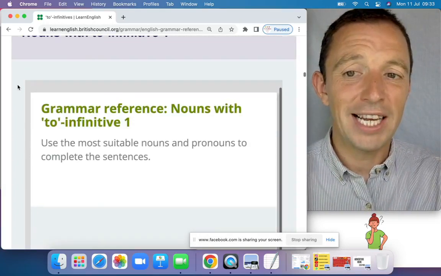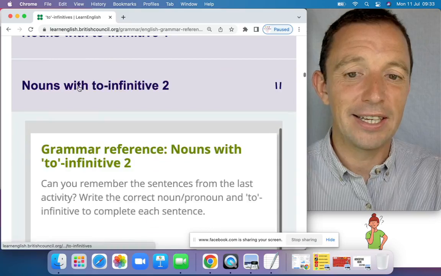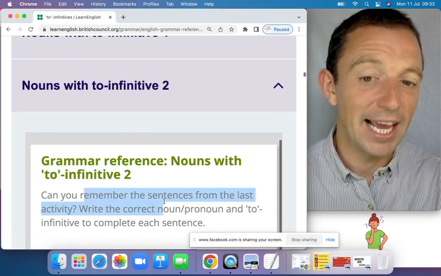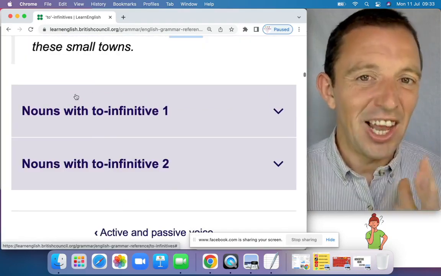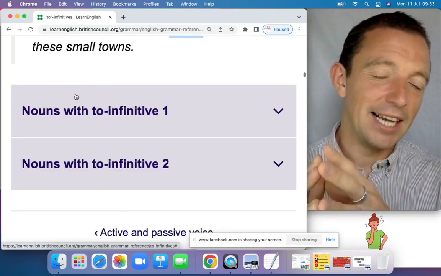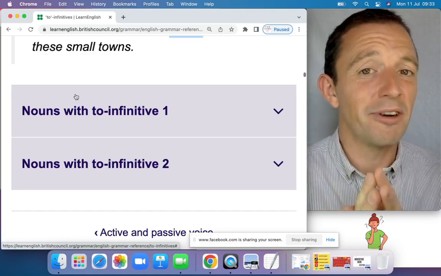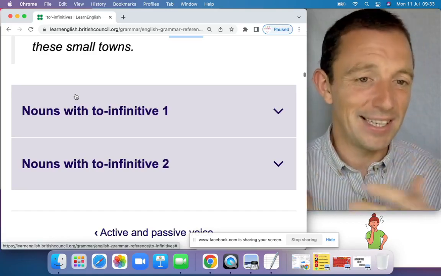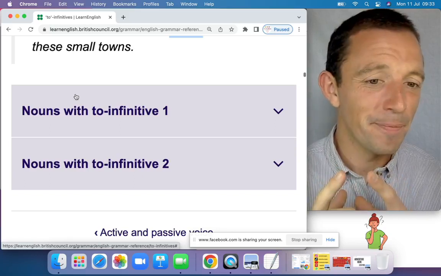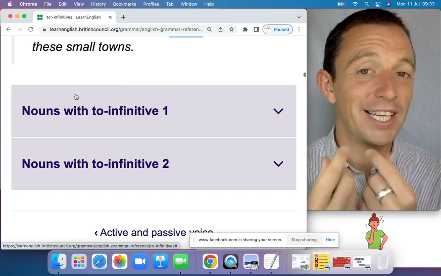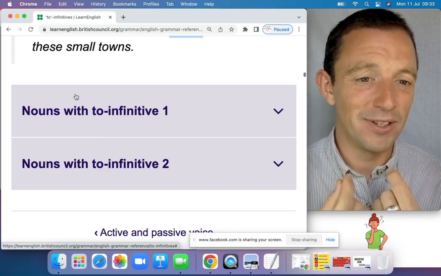Perfect. So that is the lesson for today. And again, exercise 2 is just repetition. Wow, a lot of information in this lesson. But it's very important because people frequently make the error when you learn English between the infinitive and the gerund.